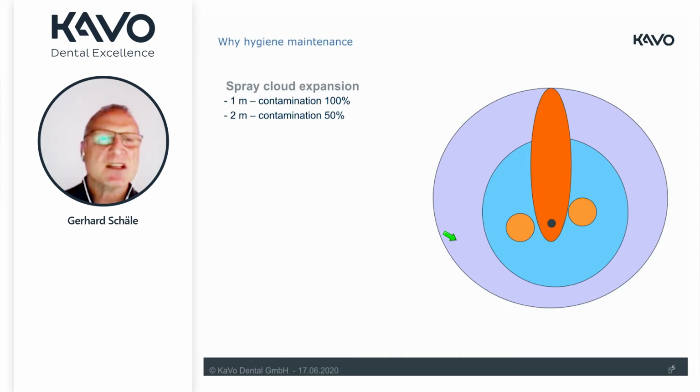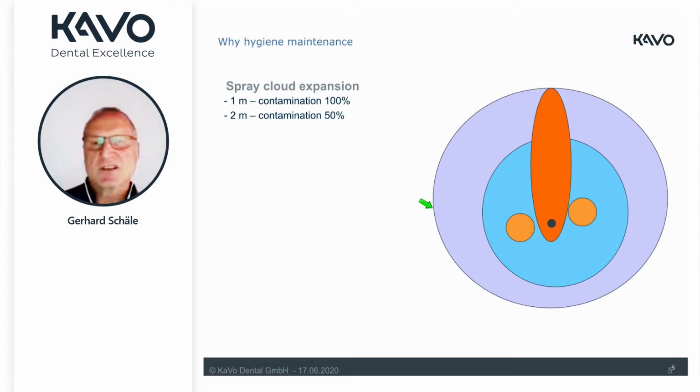We have a spray cloud expansion in a circumference of around 1 meter, shown here in the blue field, and around 2 meters, shown in the outer diameter. That means we still have an area of around 2 meters diameter with a contamination of around 50%.